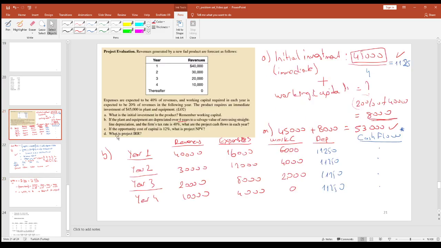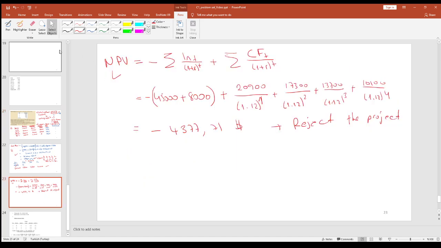Let's take a look at the last part. What is the project's internal rate of return? Okay. So internal rate of return. You have two methods for calculating this, two approaches in fact.